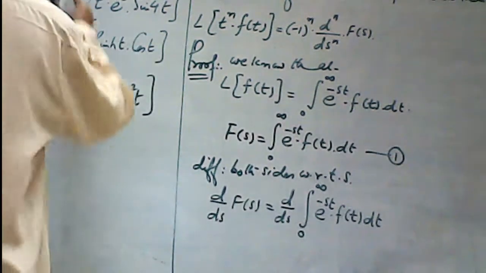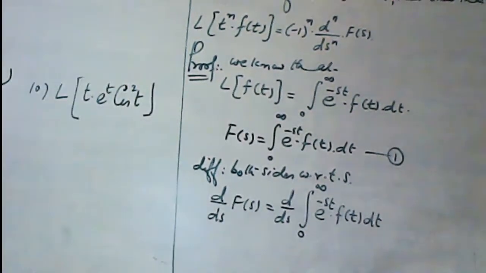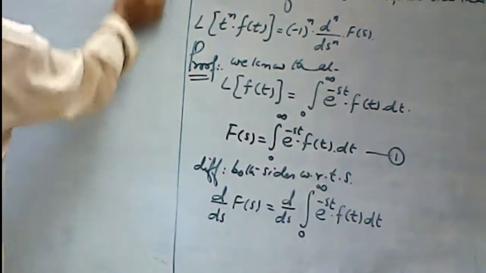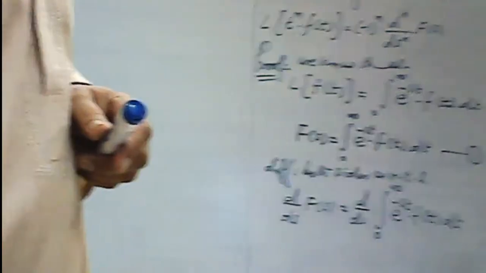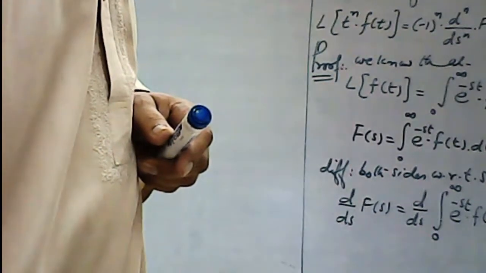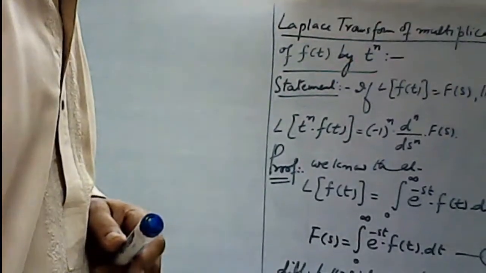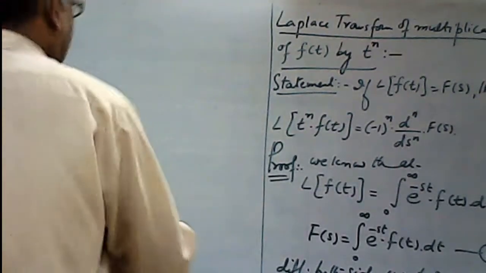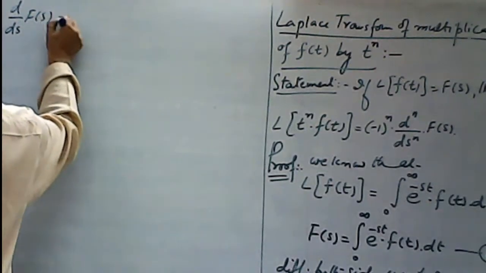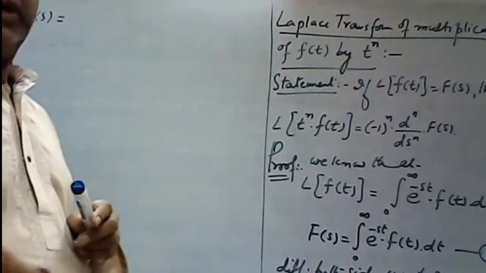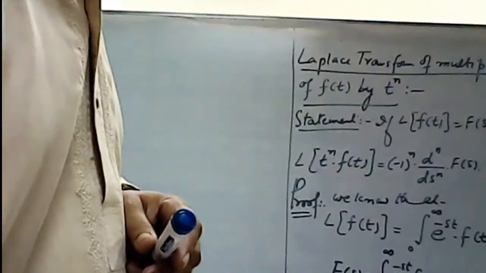Now I am leaving the left hand side for a while. This is the left hand side, d by ds of F of s, and on the right hand side what I am trying to do is to change the order.